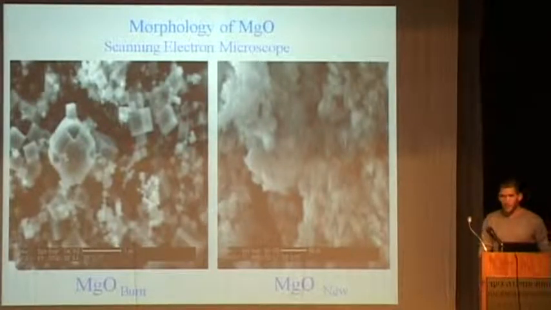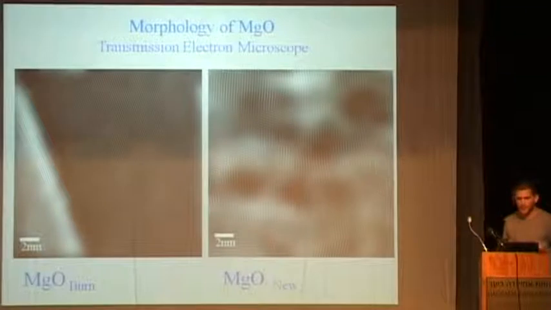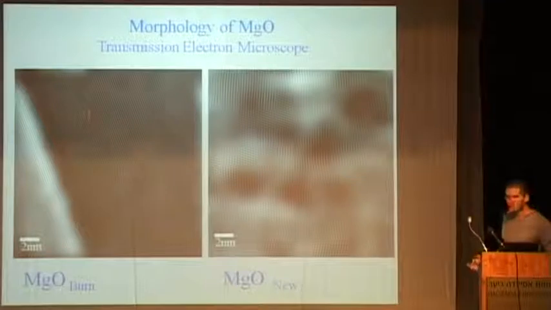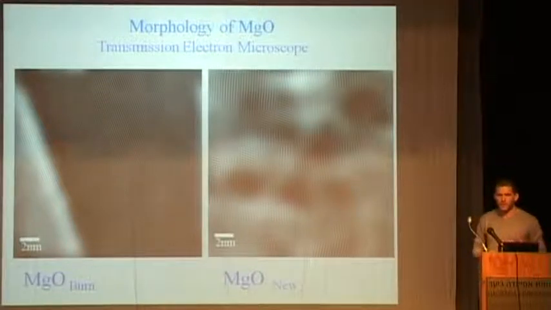But when we took it to the TEM, you can see something very interesting. Here you can see the reference sample, the magnesium oxide that was burned, and here you can see our sample. You can see here there is a high periodicity, and here we don't have it. A good measurement for the periodicity, as Kobi Barkan explained, is the fast Fourier transform.